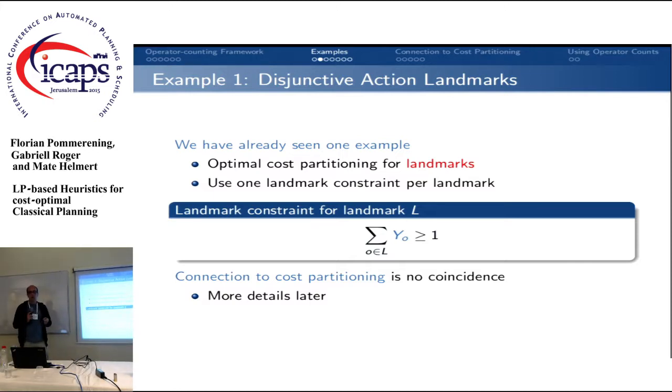So we know that if we add all of these constraints for a collection of landmarks and optimize this for a minimal total plan cost, the result will be the optimal cost partitioning for landmarks. And this is not a coincidence, this connection to cost partitioning, but I will come back to this later.